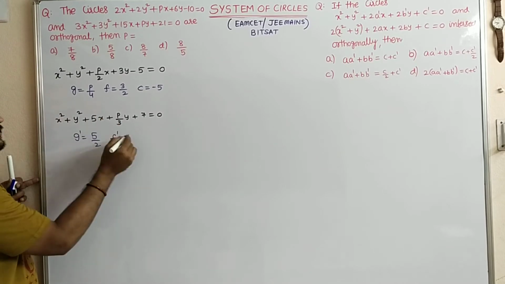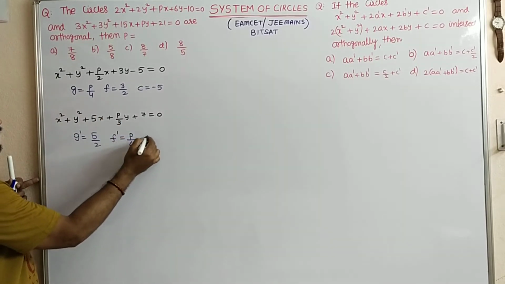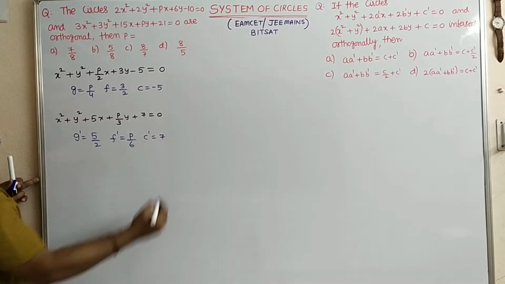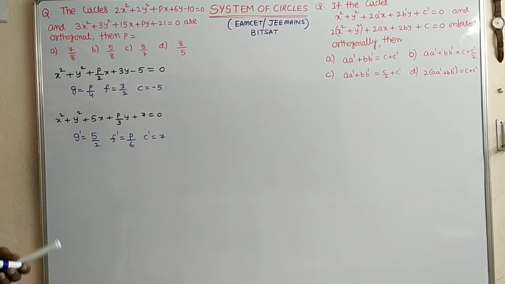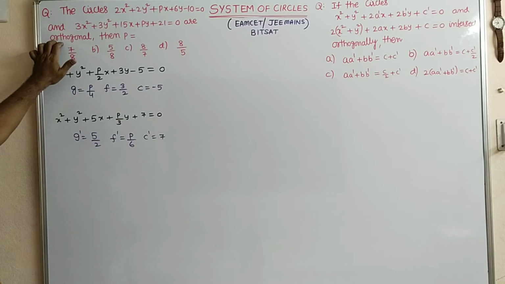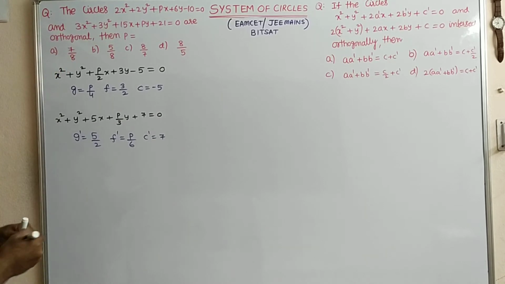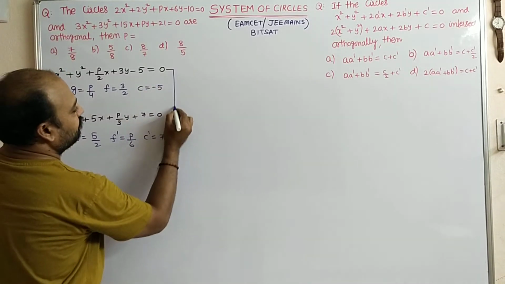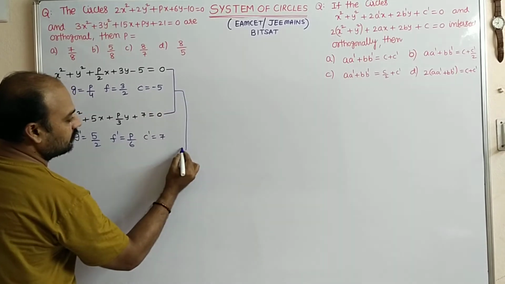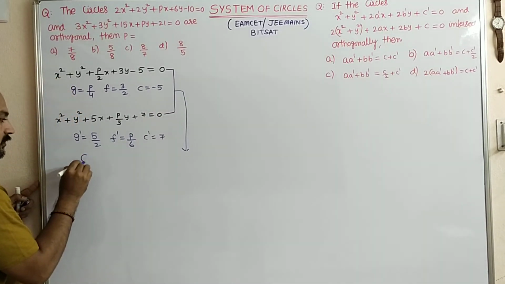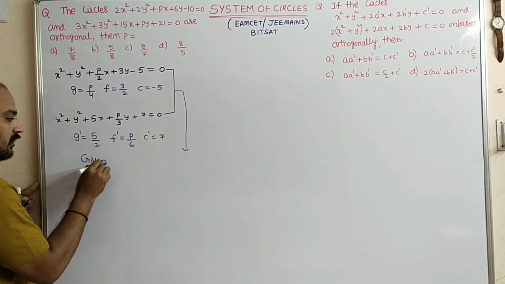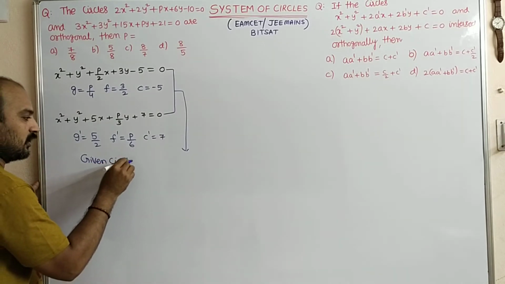So f dash equal to p by 6 and c dash equal to 7. Given circles are orthogonal.